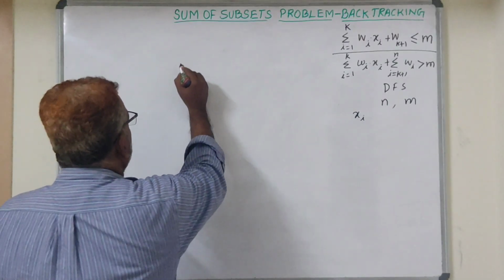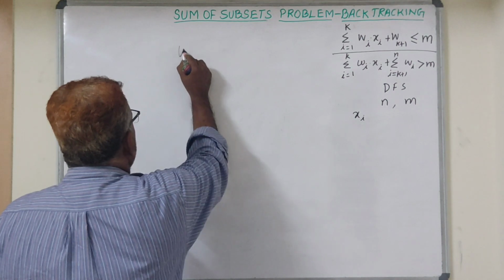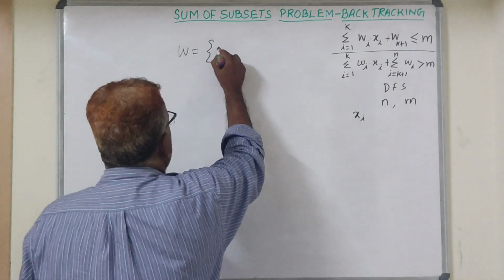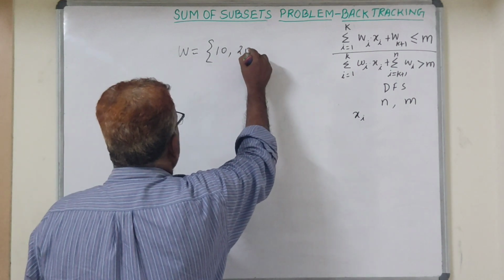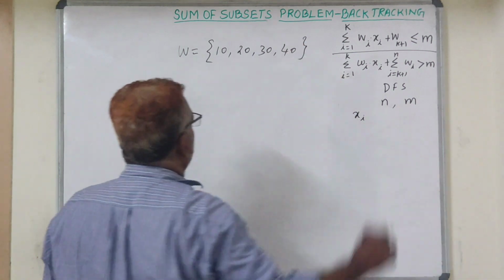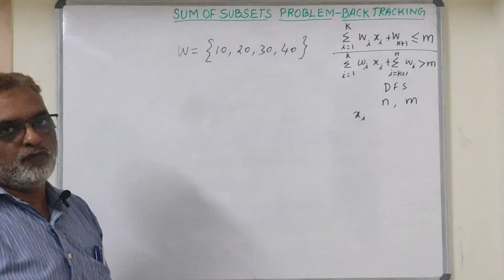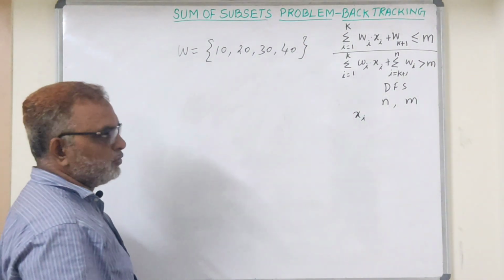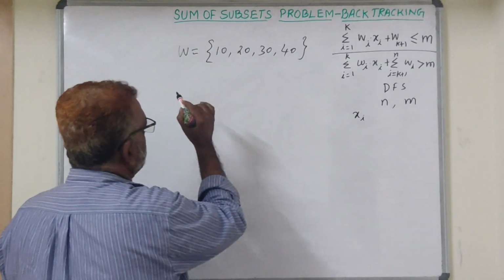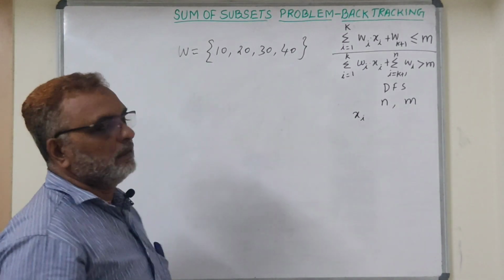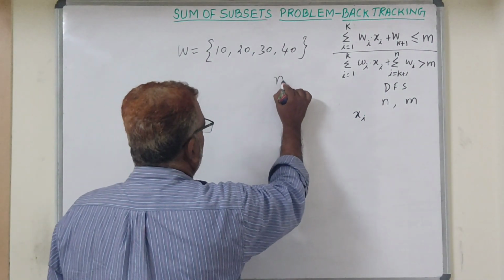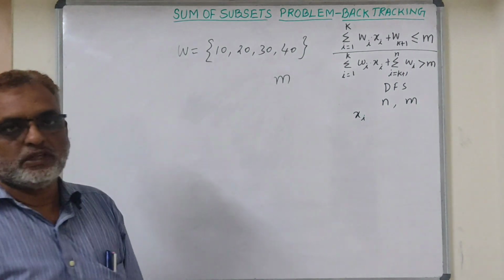For example, there is a given set W containing weights 10, 20, 30, 40. It contains 4 weights, 4 values. Now you have to select the weights which must be equal to a value that is m.